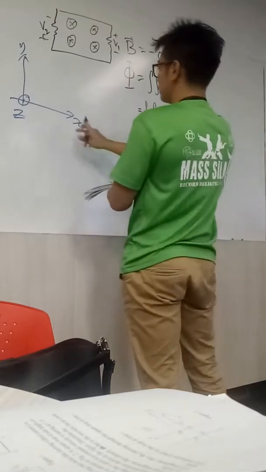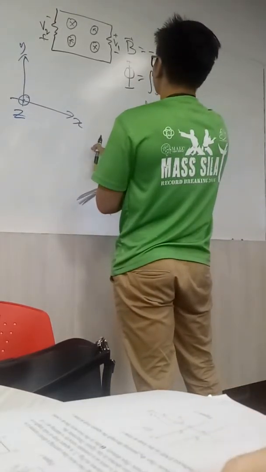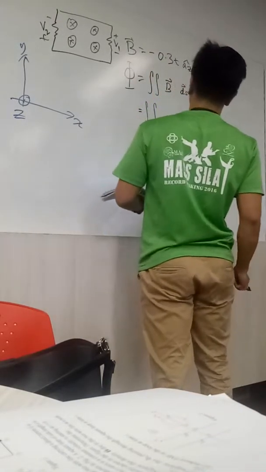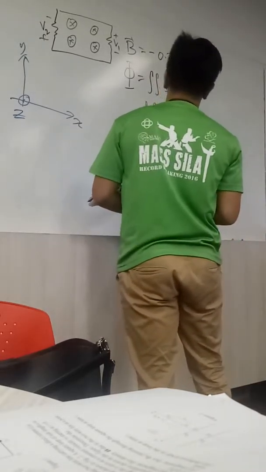So to integrate over this rectangular loop, you integrate in the x direction and the y direction.